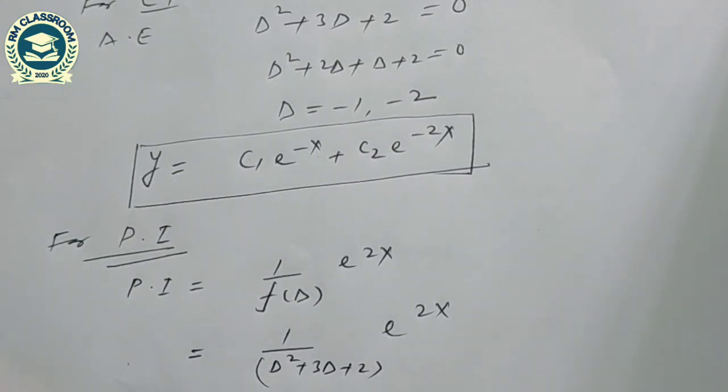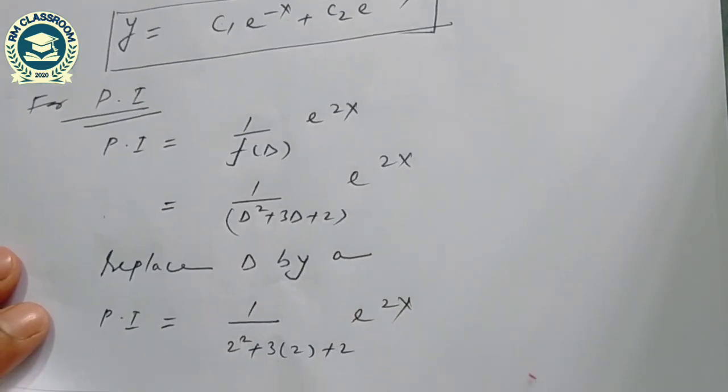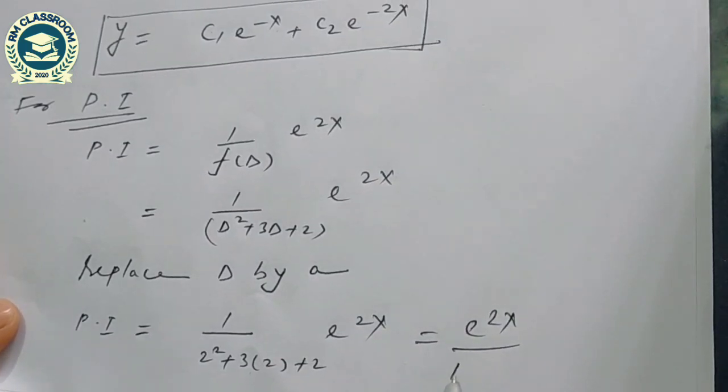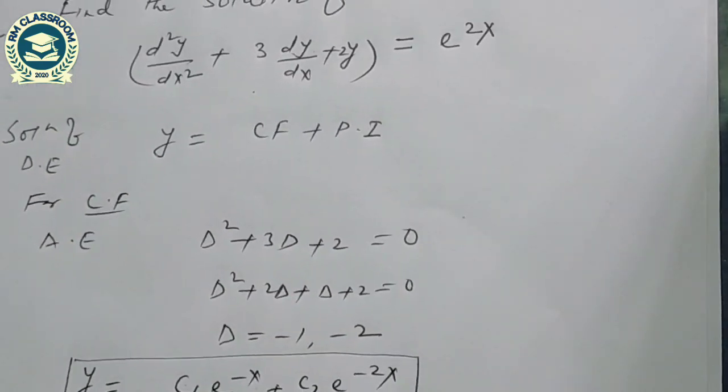So particular integral is equal to 1 by, a is 2, so 2 square plus 3 into 2 plus 2, into e to the power 2x. So it is coming e to the power 2x divided by 12.